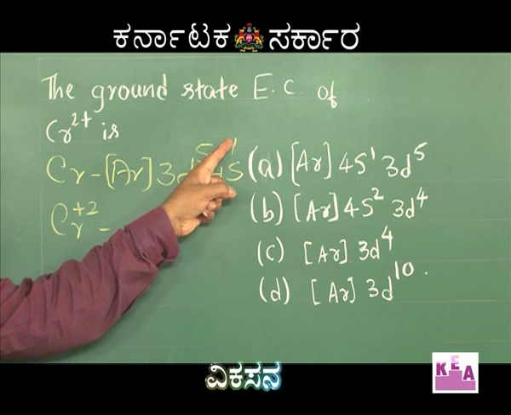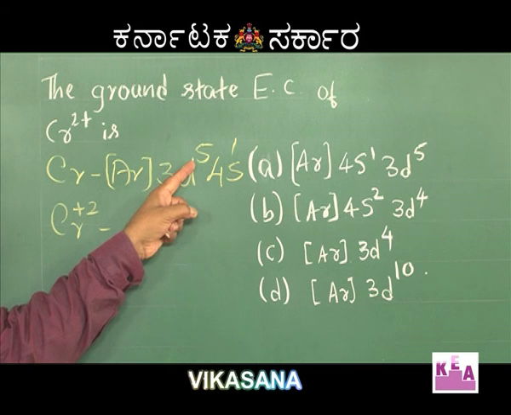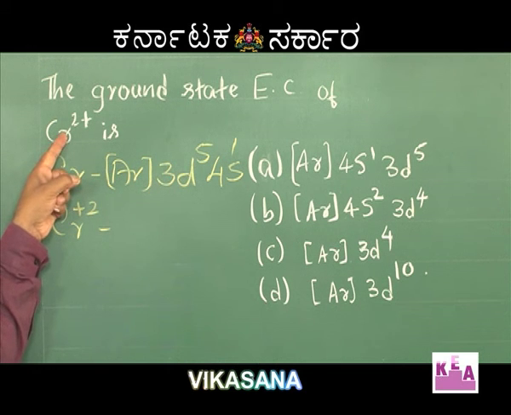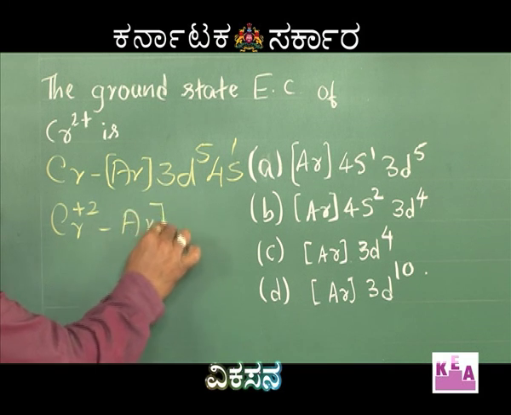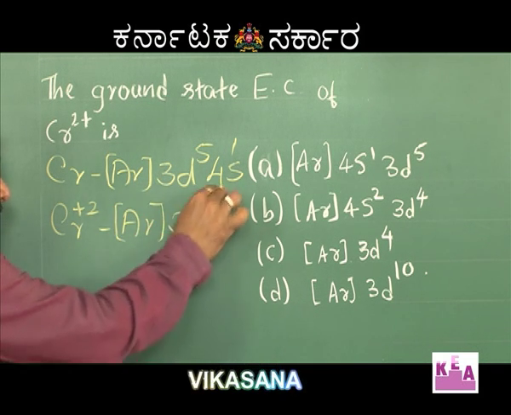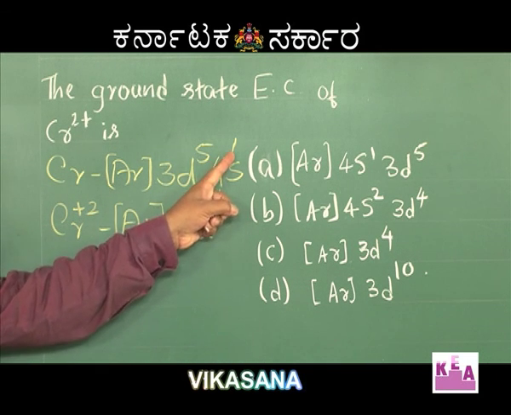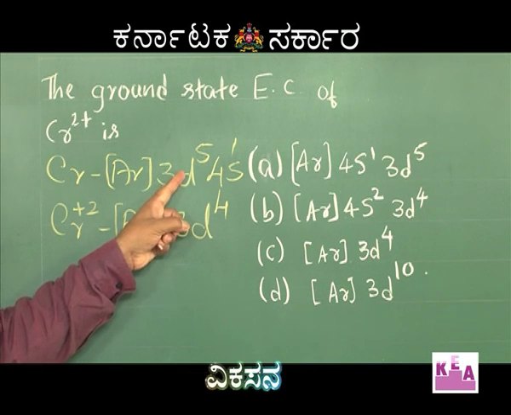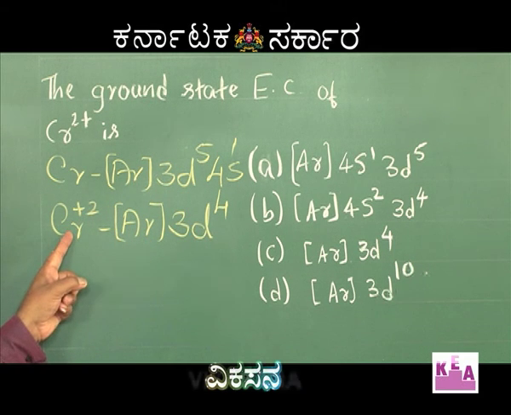One 4s electron and one of the 3d electrons is lost in the formation of chromium 2 plus ion. So therefore, the electronic configuration of chromium +2 ion is argon configuration followed by 3d4. One 4s electron and one of the 3d electrons are lost, 4 electrons remain here. This is the electronic configuration of chromium 2 plus ion.